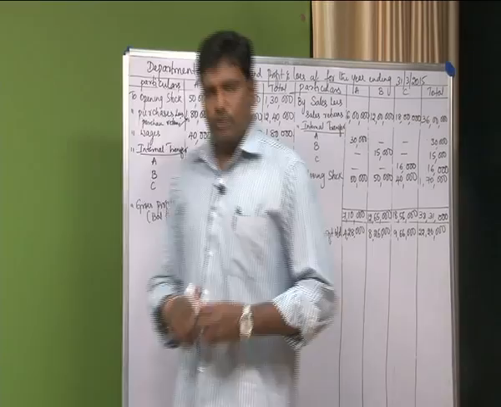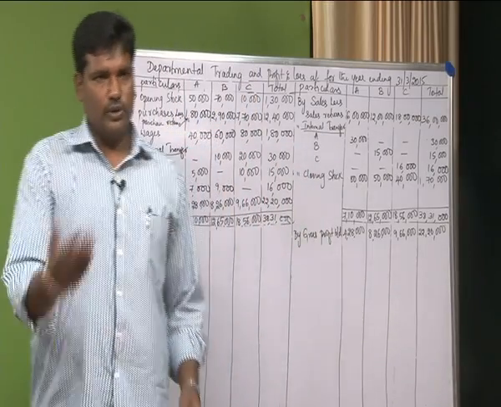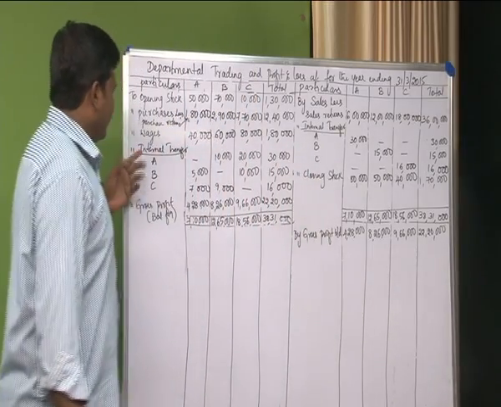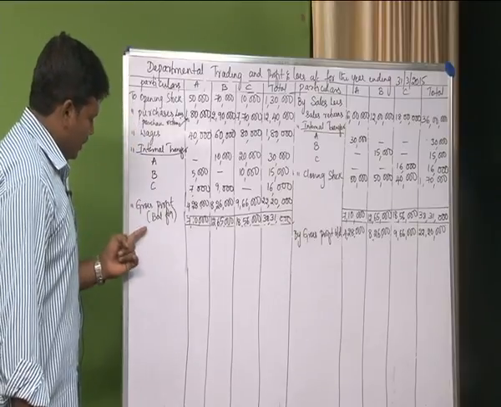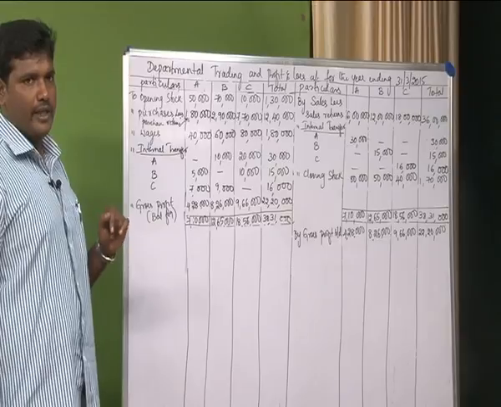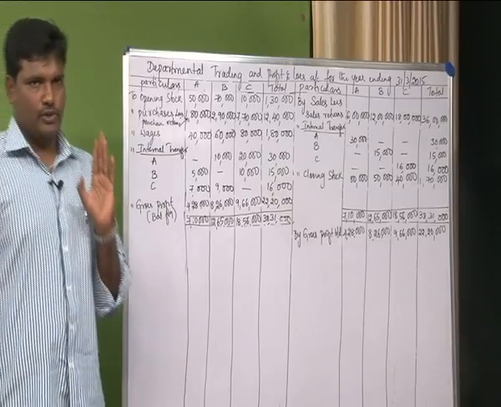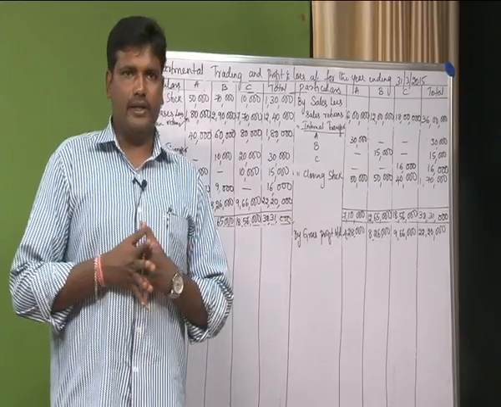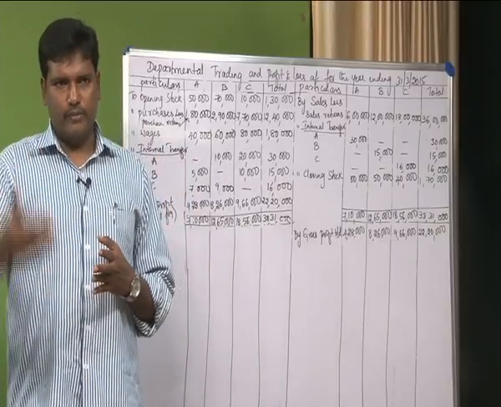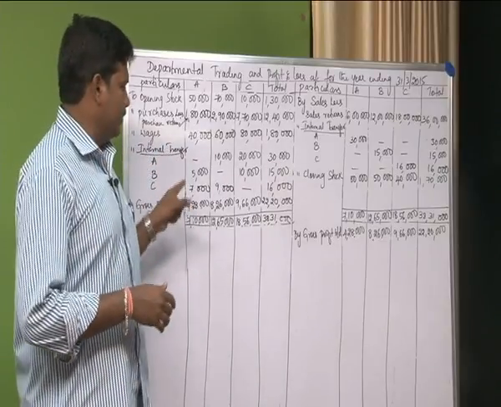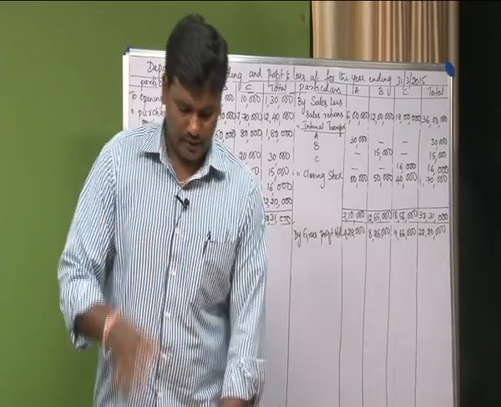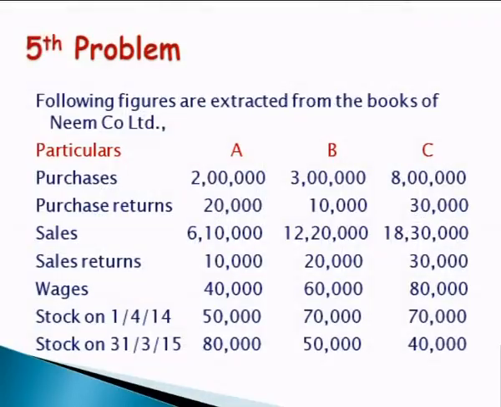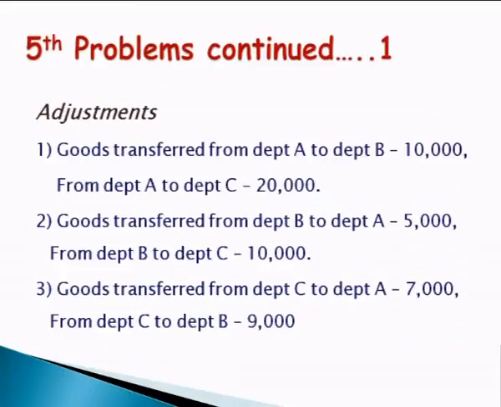Now, as I told you in the last class, you all know that all direct expenses will be debited to trading account, whereas all indirect expenses will be debited to profit and loss account. So we will see the slide where, which are the items to be taken to the debit side of the profit and loss account, which are considered as indirect expenses. See the slide.